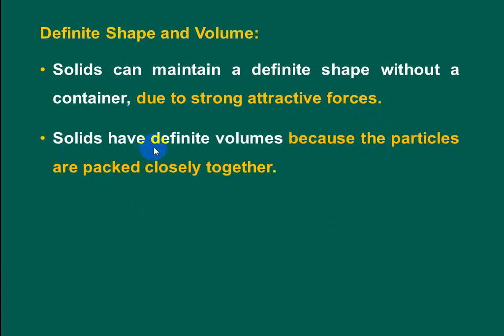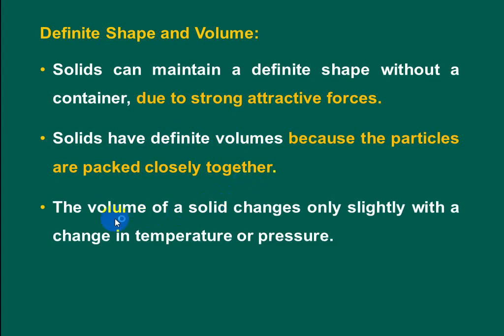Solids also have definite volumes. The volume of a solid doesn't change, it is fixed, because the particles are packed closely together. And the volume of a solid changes only slightly with a change in temperature or pressure.